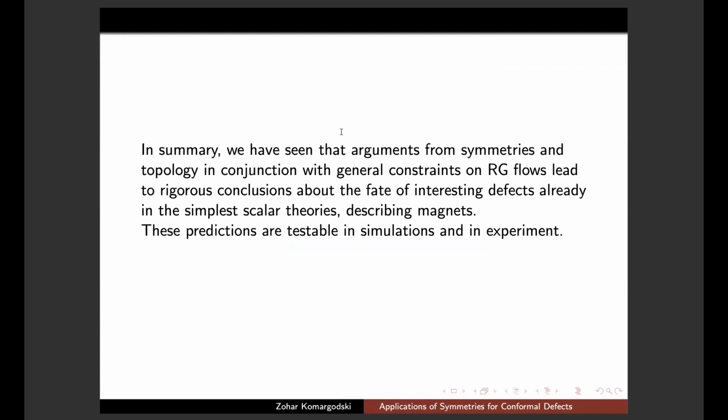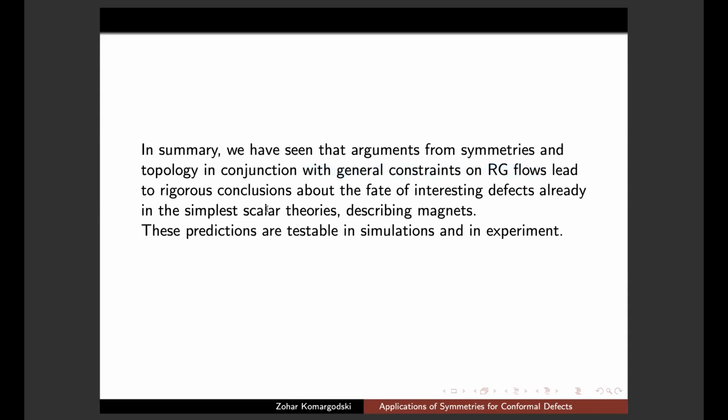Okay, let me just summarize what I've shown. I've shown that arguments from symmetries and topology, combined with rigorous constraints on RG flows, lead to interesting conclusions about infrared limits of defects, even in very simple theories like magnets, Landau-Ginzburg models. Of course, you can also play games with gauge theories and so on and so forth, but I don't have time to go through that.